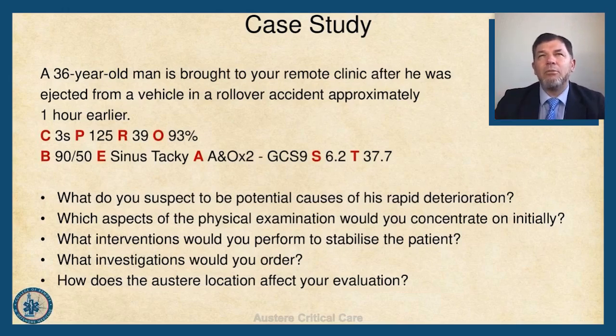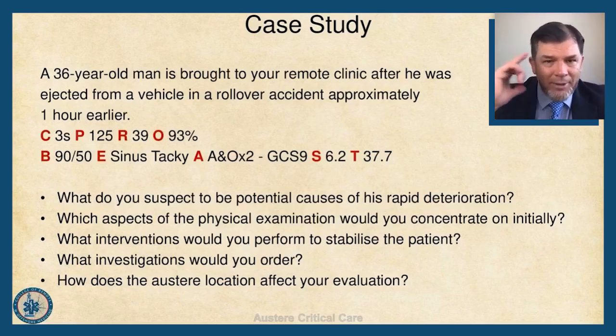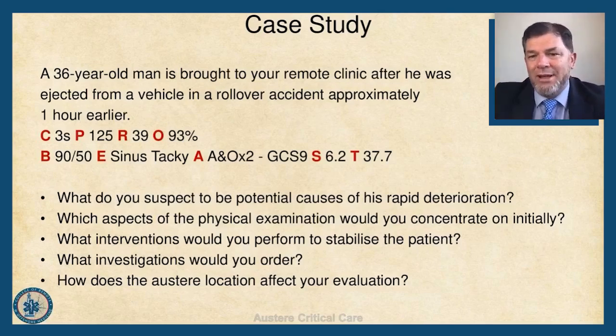I would encourage you guys to have the skills and knowledge to get these non-invasive hemodynamic variables because even in the back of a critical care ambulance, I have all the equipment that's going to tell me what those variables are very quickly. But in an austere environment, I'm going to have to calculate them, or I'm going to have to think about how to assess this casualty using these skills.